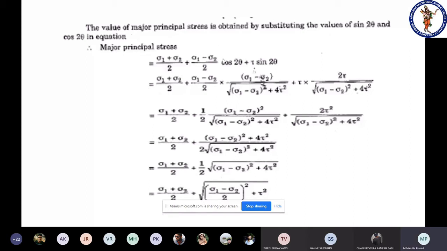You have the equation for normal stress. In that particular equation of normal stress, by substituting sin 2 theta and cos 2 theta values, which are calculated by considering the positive root of diagonal, you can have the value of this particular major principal stress. You just substitute the values and solve it.